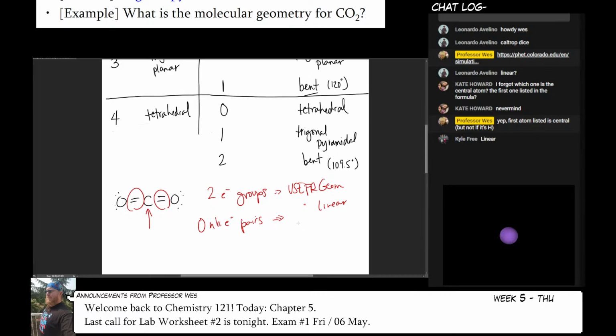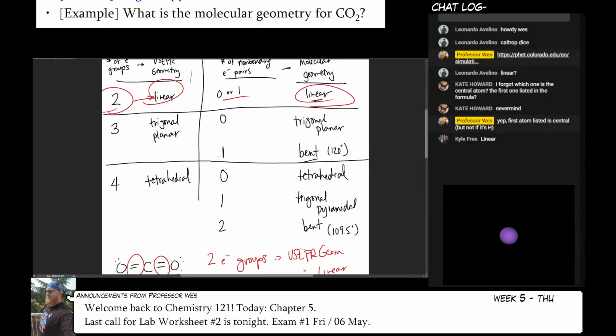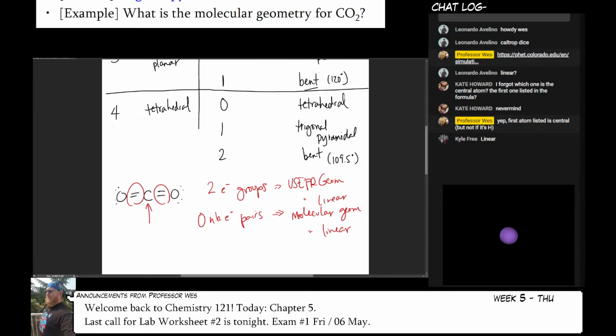So the molecular geometry is also linear. And like we said up here, it doesn't really matter what you get. The answer will always be linear if the VSEPR geometry is also linear. So that would be what I would fill in.